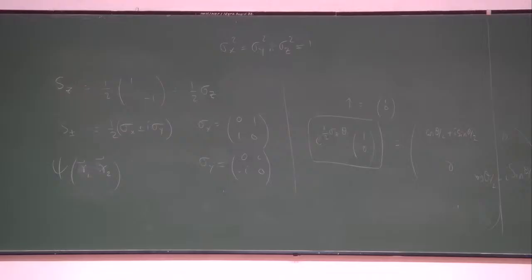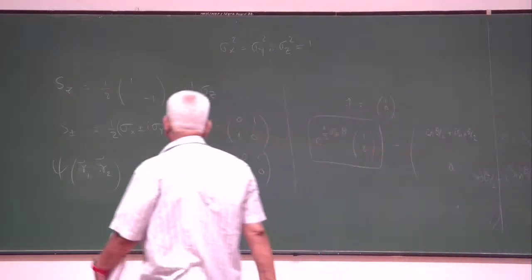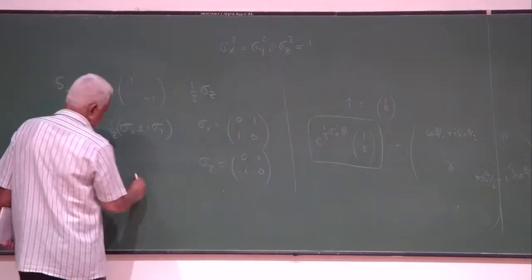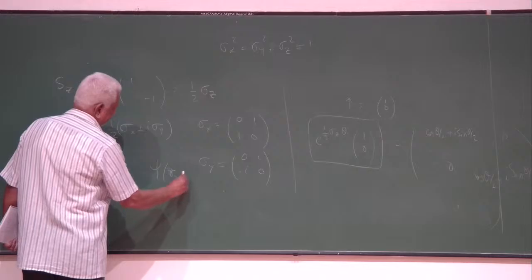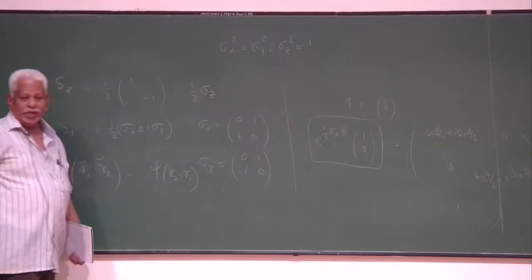Now, if I exchange 2 particles, you expect it to be psi of r2 comma r1. The wave function will be psi of r2, r1, equal to the old value. This is what you expect.